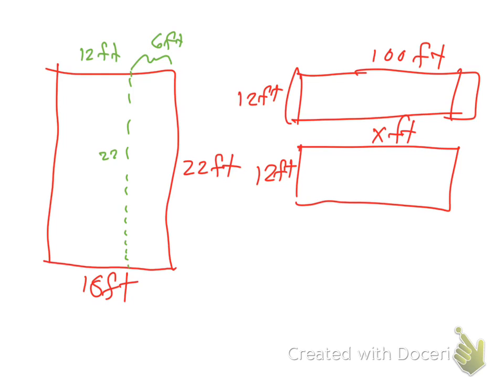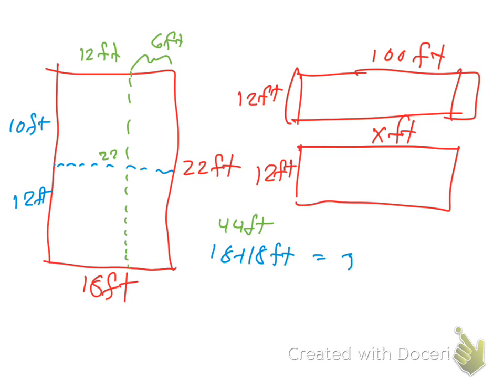Which means that I would need a total of 44 feet this way. Or instead, I could go this way, and I'd need 12 feet and 10 feet. My seam is there, and so there I'd need 18 plus 18 feet, which is 36. And so that's a little less.